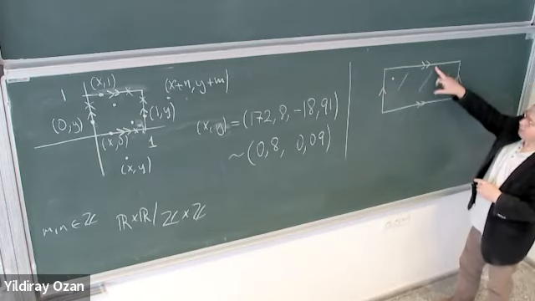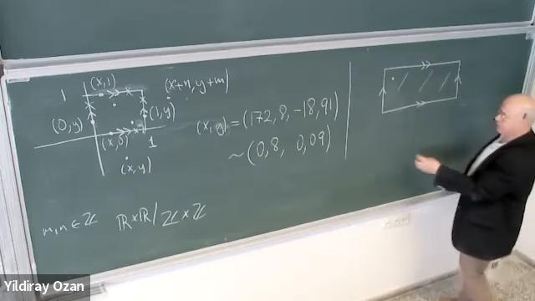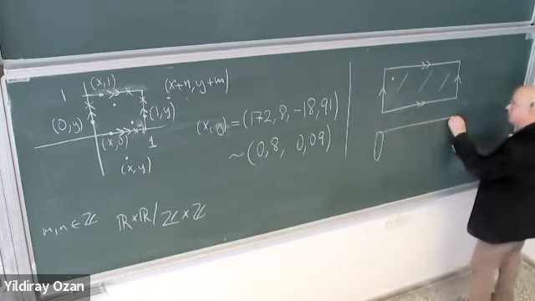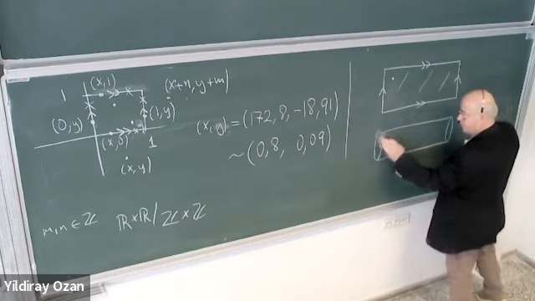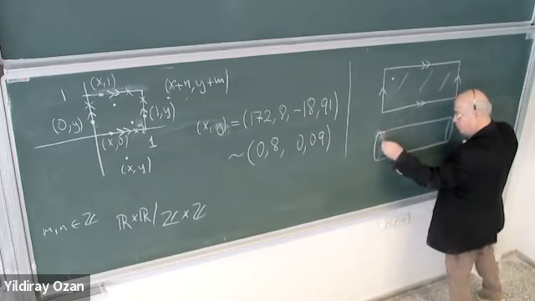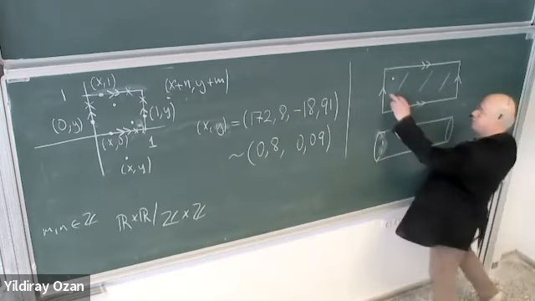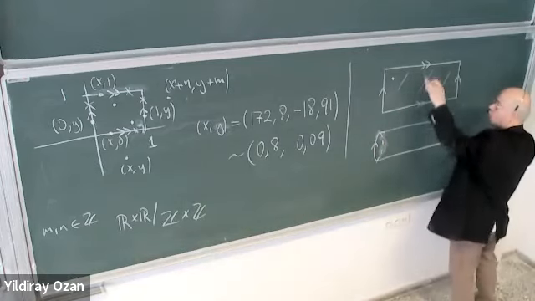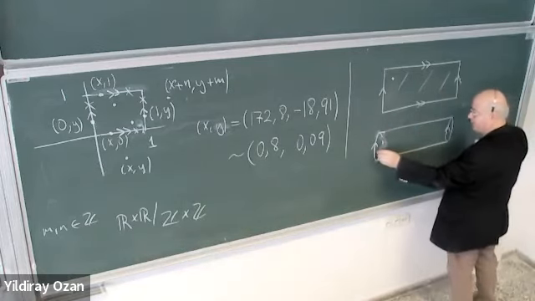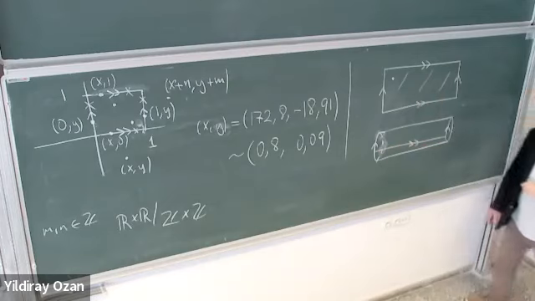All right, let me identify this edge with this edge, right? When you identify this edge with this edge, this is what you will get. You will get a cylinder, right? Something like this. And still, this edge needs to be identified with this one. So these two edges are identified, and it is, let's say, this one, that common edge.